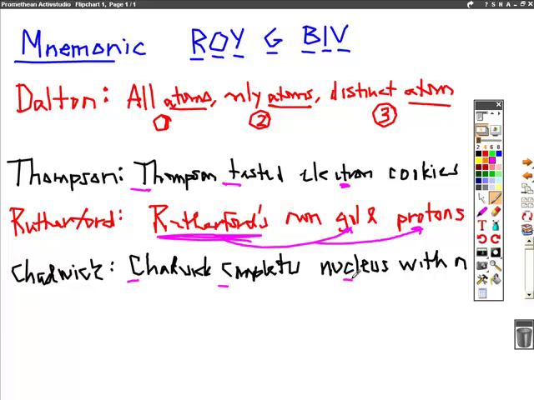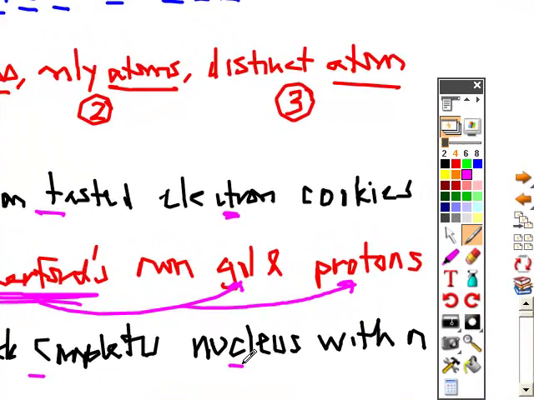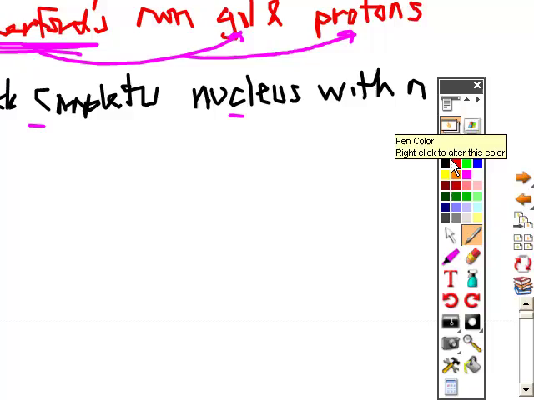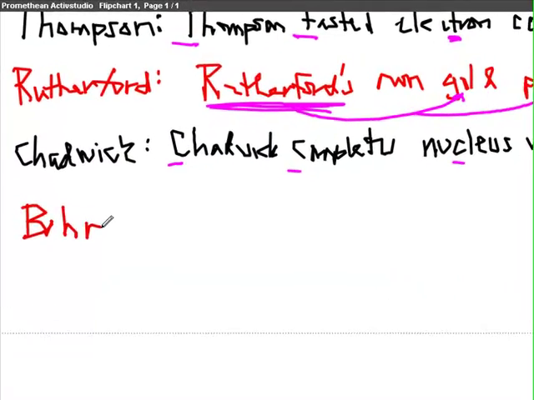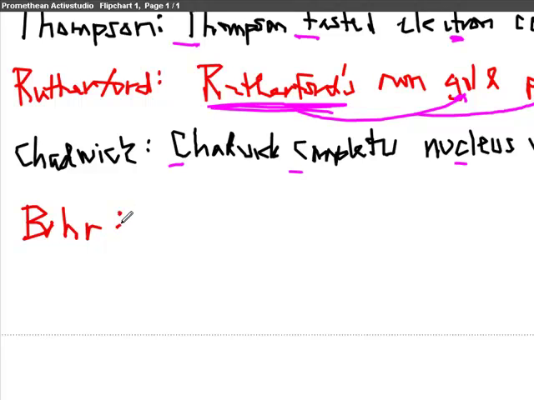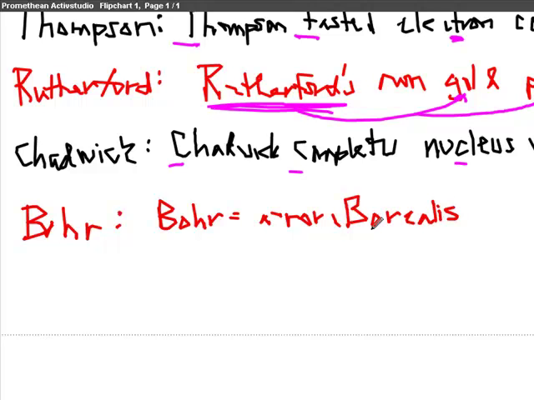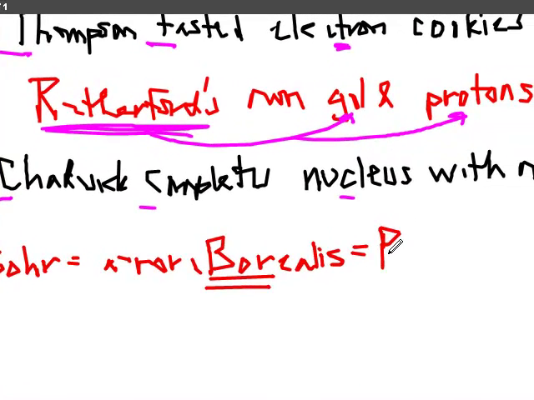And the last one we have a mnemonic for would be Bohr. There are a couple different ways that you could memorize this. The one given in the PowerPoint said Bohr was like the aurora borealis, which looked at the planets.